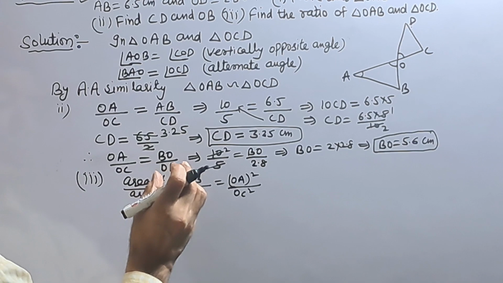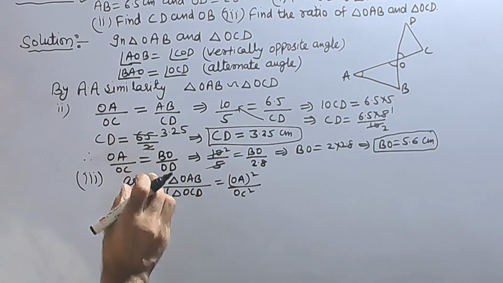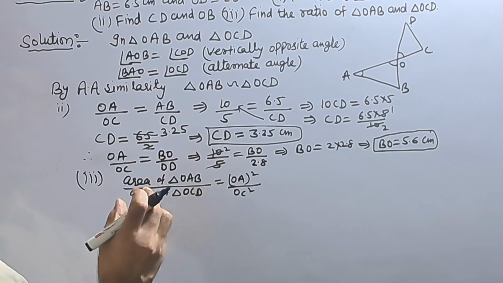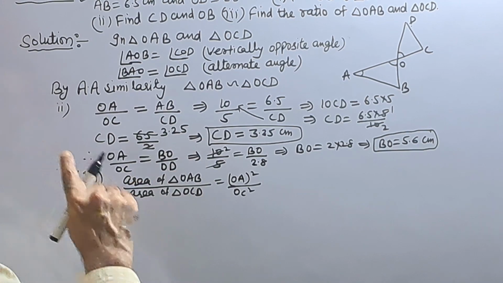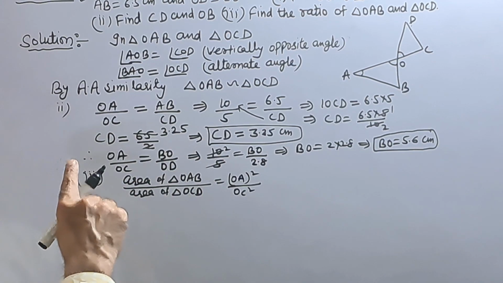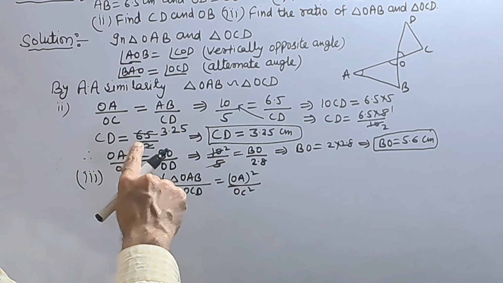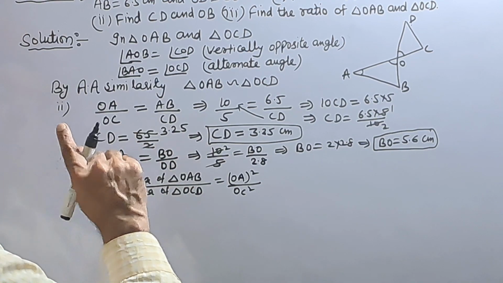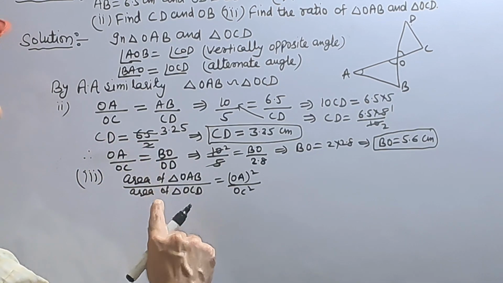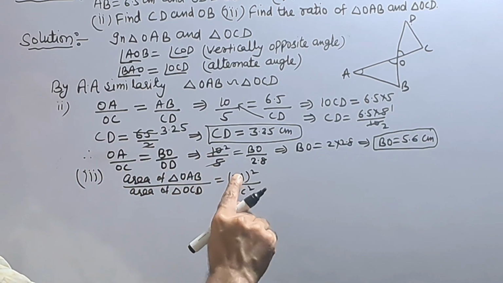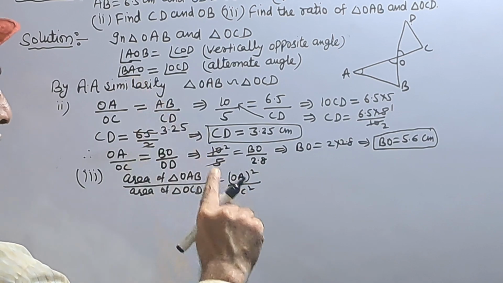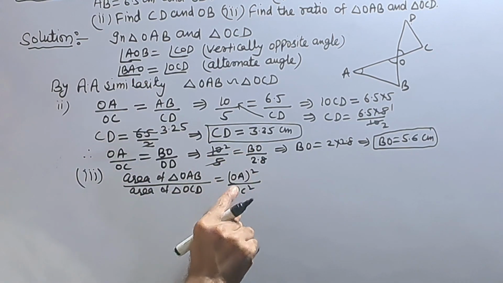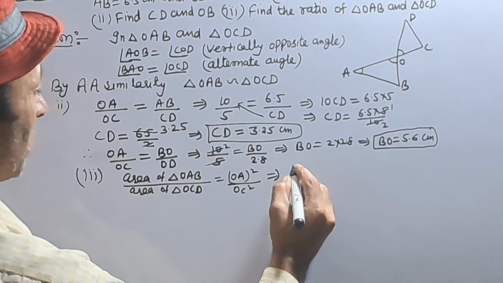We know that the ratio of areas of two triangles is equal to the ratio of square of two corresponding sides, that is OA square upon OC square.